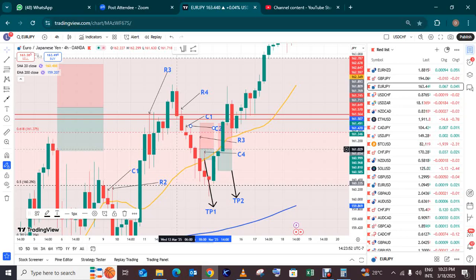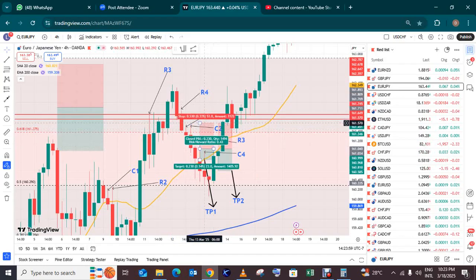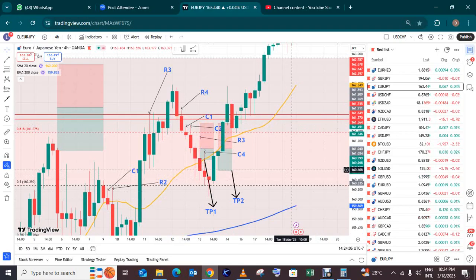So you need to move your stop loss to the C2, and that's where it is here. Great. So that's how you set up your stop loss and your take profit using my strategy.